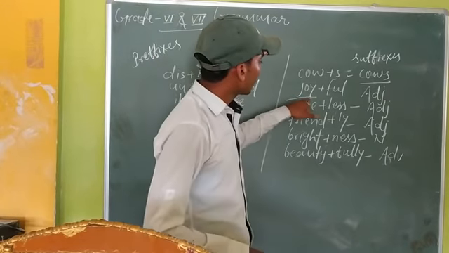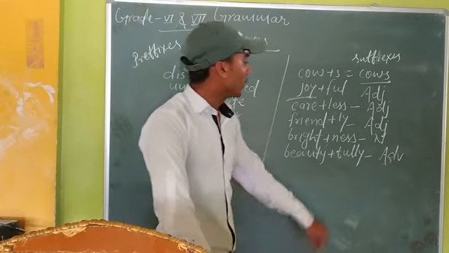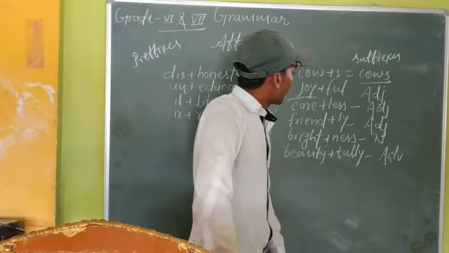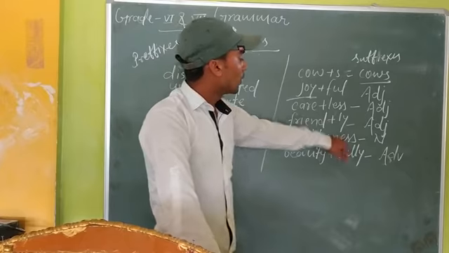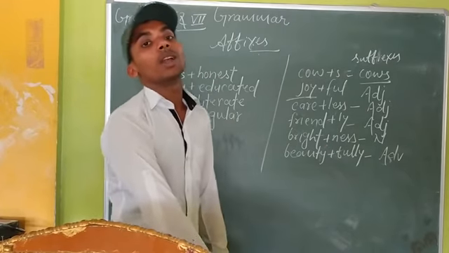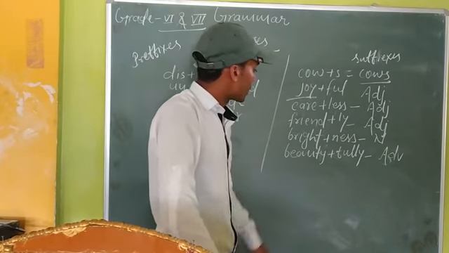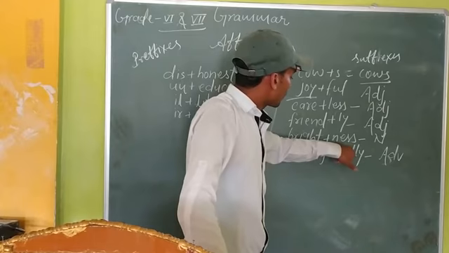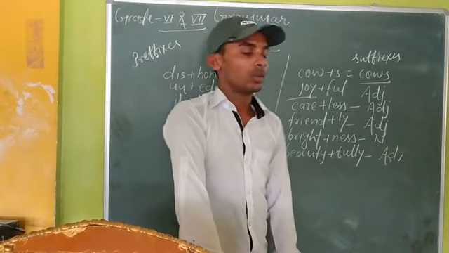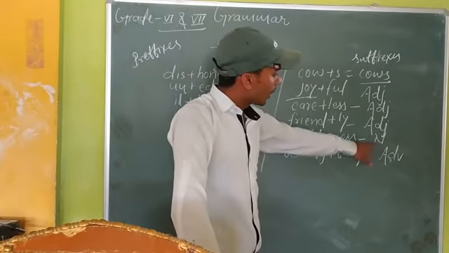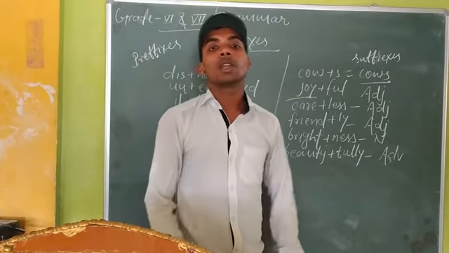If you add ful to a noun, it will function as an adjective. You add less to a noun, it will function as an adjective, and the same with noun plus ly. Sometimes ly is an adjective, though most of the time it functions as an adverb, but here it is working as an adjective. And when we add ness to a noun, the word functions as a noun, and beauty, noun plus fully, is now functioning as an adverb.